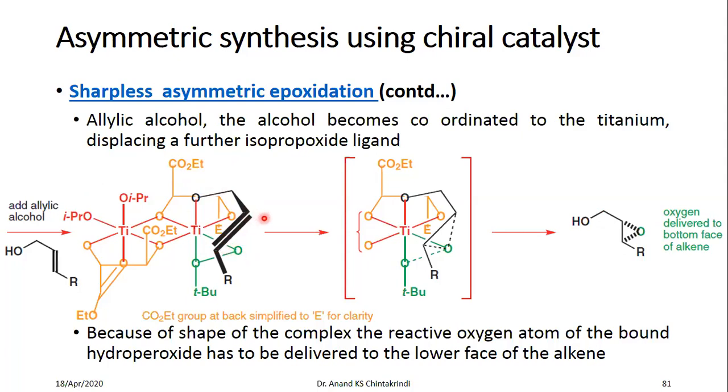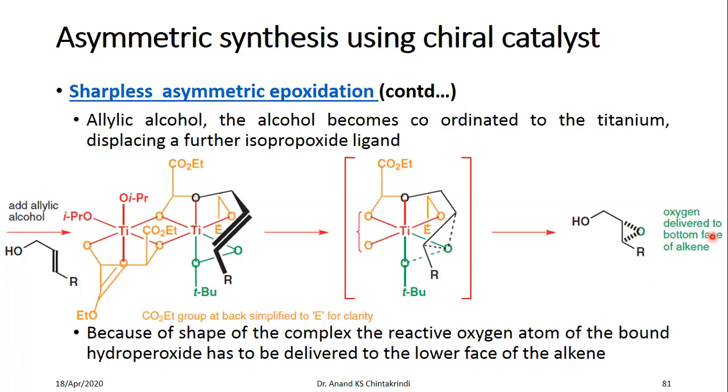Now, the structure of the complex is such that the oxygen can be added from the bottom face of the alkene here. In this case, this is nothing but the carboxyl group. The ester group here is shown as E, just for clarity: CO2 group at the back simplified to E for clarity.